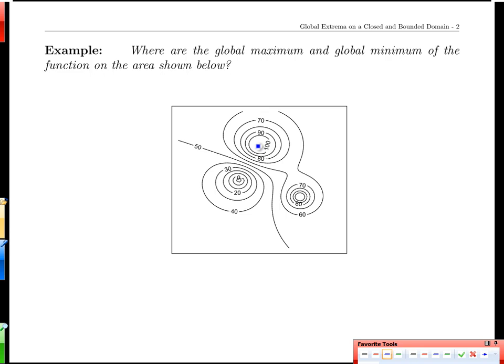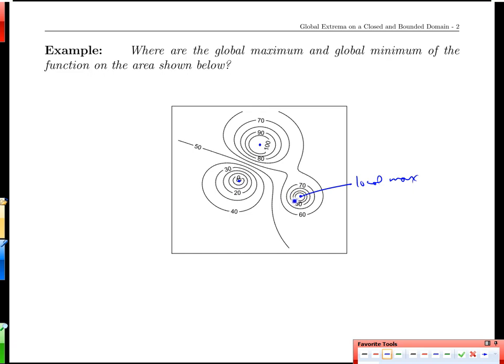Based on our earlier work, we found that there would be a point with gradient 0 at the center of each of these circular contours. We haven't actually formalized a critical point yet, but a point of interest at the center of these various contours. And we know that because the values 60, 70, 80, 90, 100 are leading up to a local maximum.